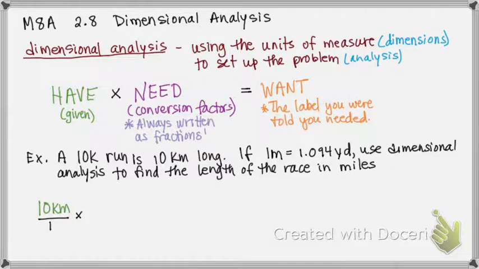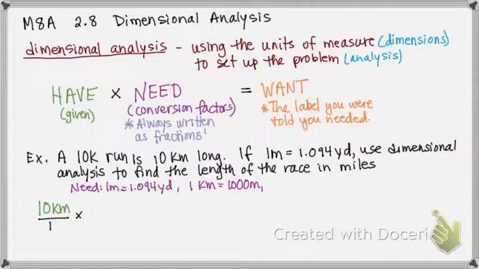So I'm going to write down the one that we were given. We need 1 meter equals 1.094 yards. Okay. All right, so I have kilometers, but it tells me I need meters. So then I need that 1 kilometer is equal to 1,000 meters. Okay, that's great.